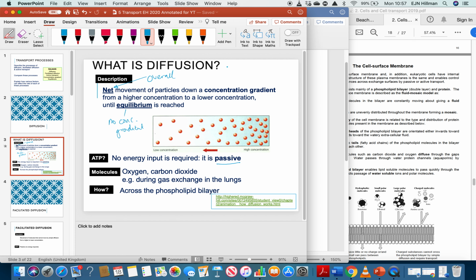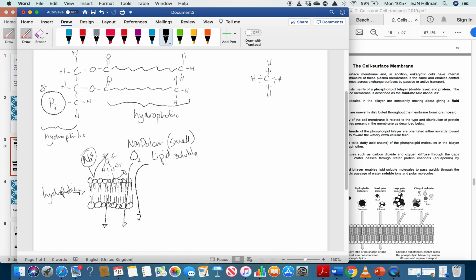Sometimes we refer to this as simple diffusion. Going back to my example here, oxygen and carbon dioxide are both non-polar. They can simply diffuse through the phospholipid bilayer.